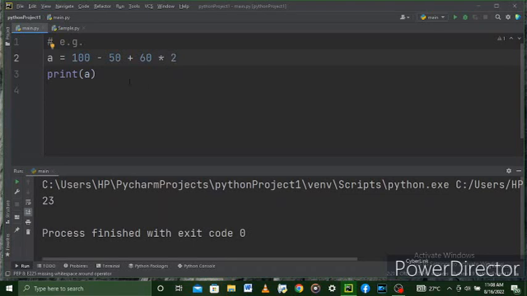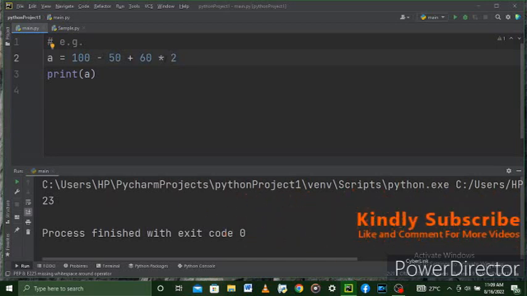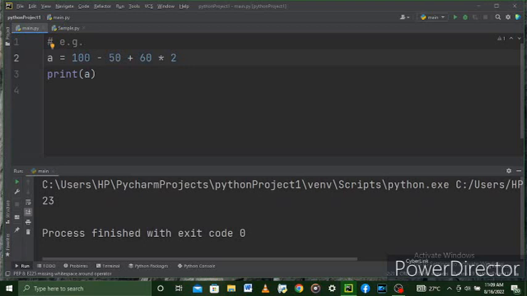Okay, so now I have involved three other operators. Here I have the subtraction, the addition, and the multiplication. First of all, let me teach you how these operators belong to each of these numbers.